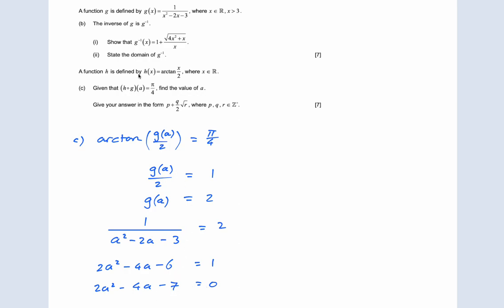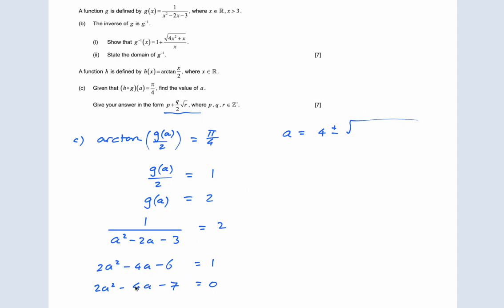Okay, now I just need to solve this quadratic. It doesn't factorize, and he wants it in this form anyway. So I'm guessing I'm going to have to use, well, I could either complete the square or use the quadratic formula. I'm just going to use the quadratic formula. a is equal to minus b, which is 4, plus or minus the square root of, now just be careful, guys, obviously a in the quadratic formula is not related to this a.